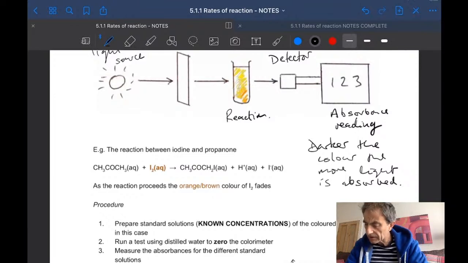So if we use this reaction between propanone, CH3COCH3, and iodine, what's going to happen as the reaction proceeds? Is this a required practical? You could be asked to describe how a student could perform this reaction.